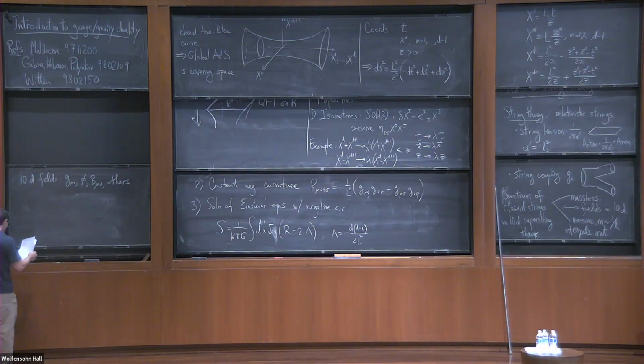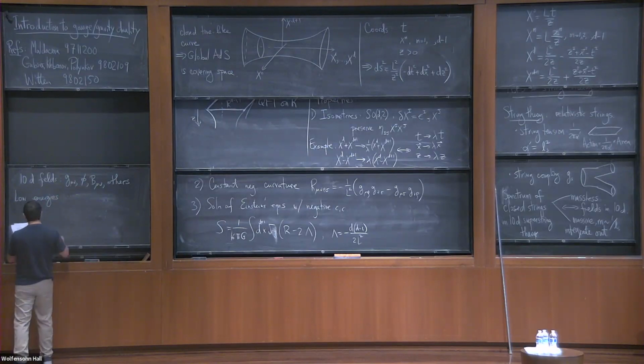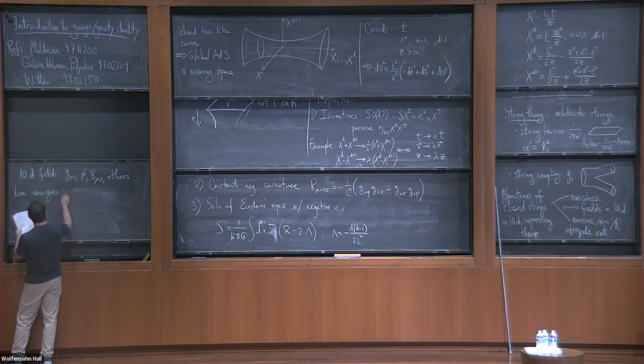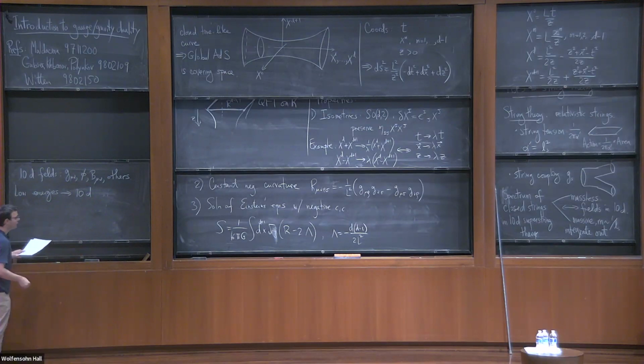So the action at low energies of this 10-dimensional theory is, so at low energies, we get a 10-dimensional gravity theory.